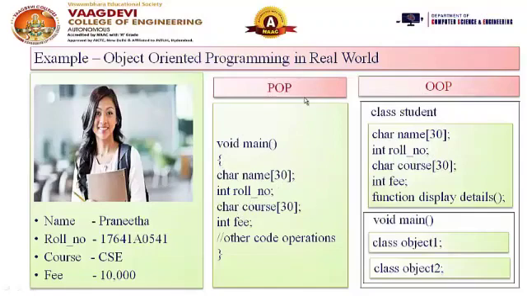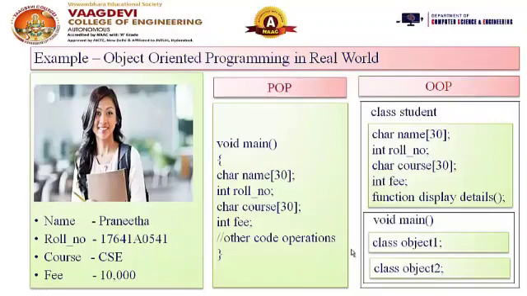Whereas in object-oriented programming, in order to display n number of students, we have only one class which includes variables and functions of a student. Using this single class, we can display the details of n number of students. So, this was just an overview in terms of visual representation.